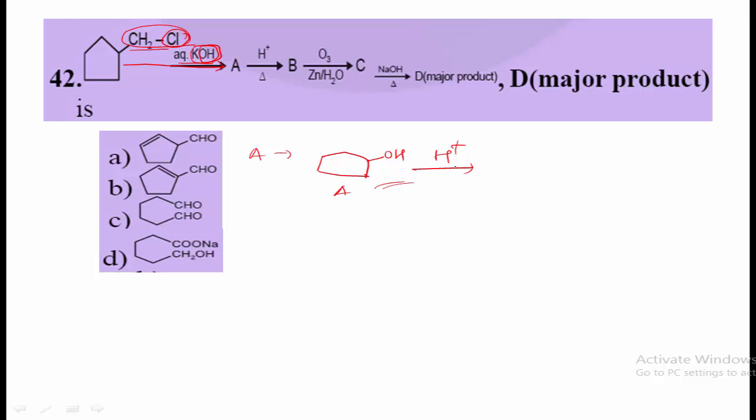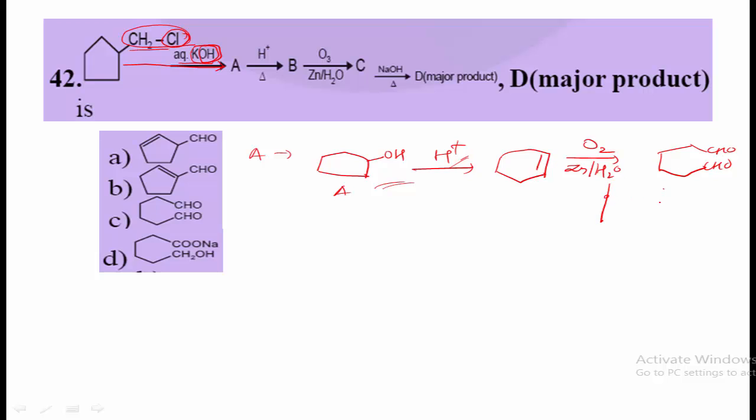Upon using an acid as a catalyst, it will undergo dehydration to form an alkene. And upon oxidation in the presence of zinc, it will form an aldehyde, which is written like this.